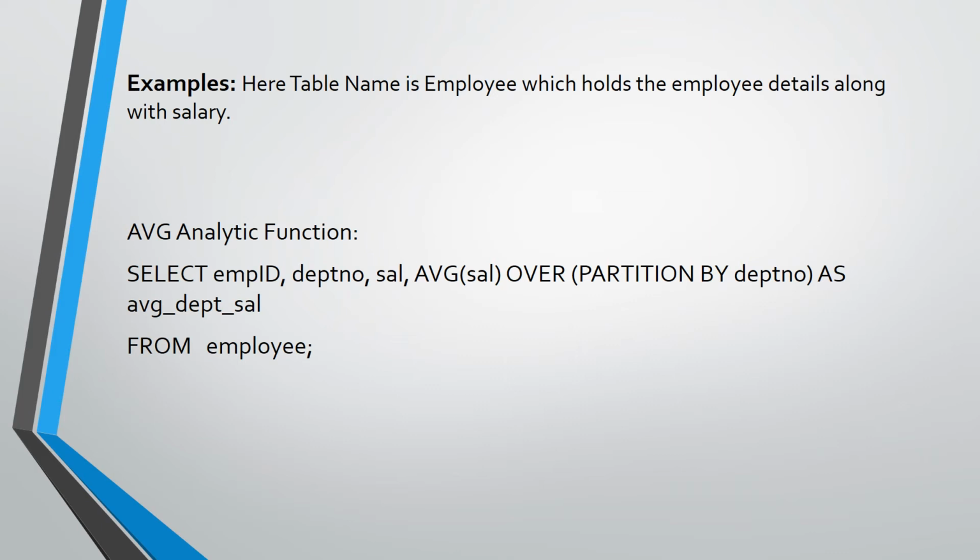Here AVG is the analytic function, and salary is the argument, OVER PARTITION BY department number, as average department salary from employees. This is called the average analytic function.